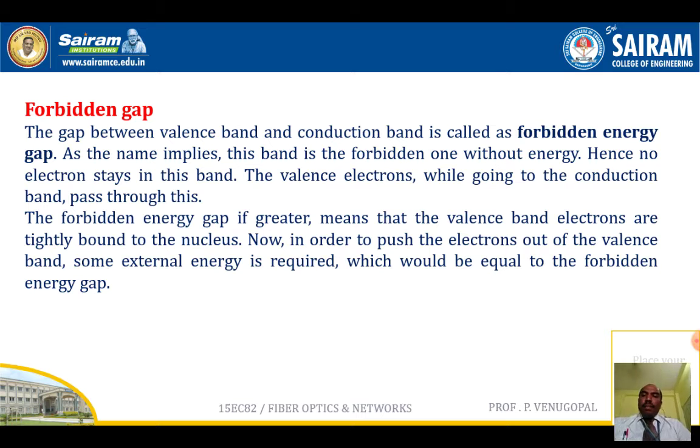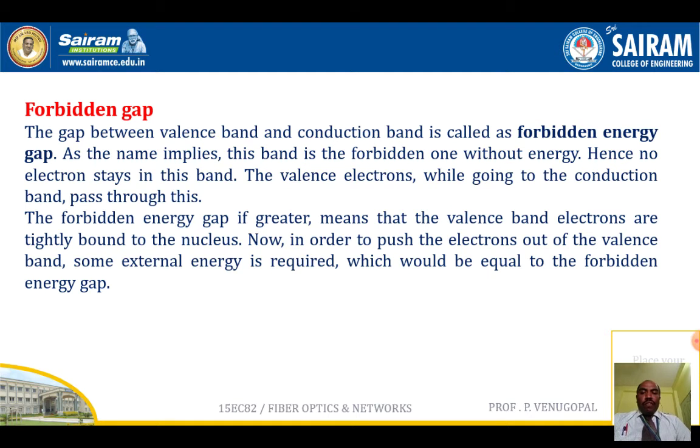Next thing is the forbidden gap. The gap between the valence band and the conduction band is called the forbidden energy gap. As the name says, this is the forbidden band without energy. Hence, no electron stays in the band. The valence electrons, while going to the conduction band, pass through this.